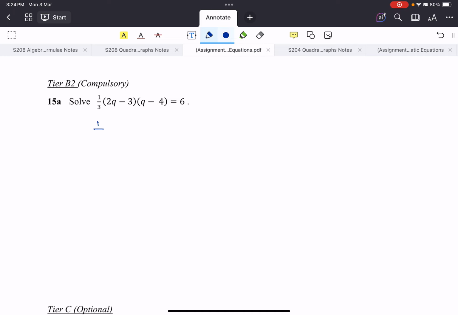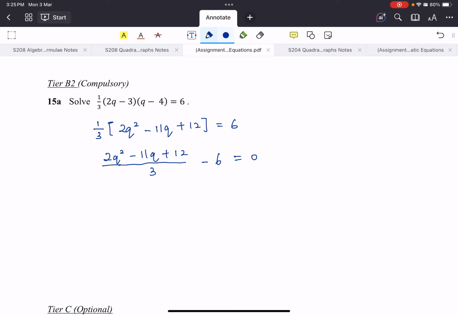I will get 1/3 times 2q squared minus 3q minus 8q, that will be minus 11q plus 12, equals 6. So 2q squared minus 11q plus 12 over 3, let me write it properly, minus 6 equals 0.